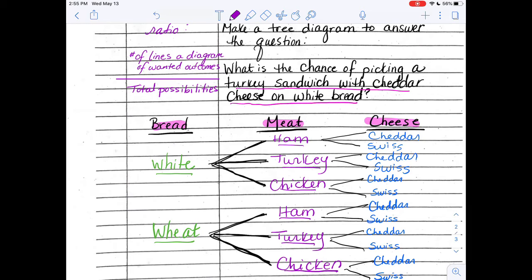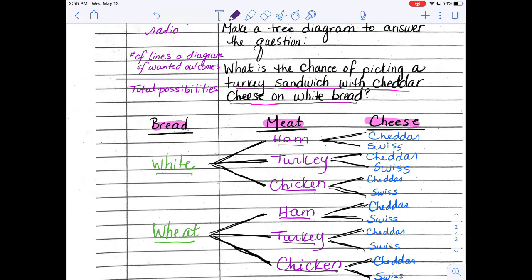Now after they put the meat, they're going to put the cheese on there. And again, there were 2 different kinds of cheeses, so each one of those meats can have 2 branches coming out because there were 2 types of cheese. So I then listed the cheddar and the Swiss for each of those possibilities.